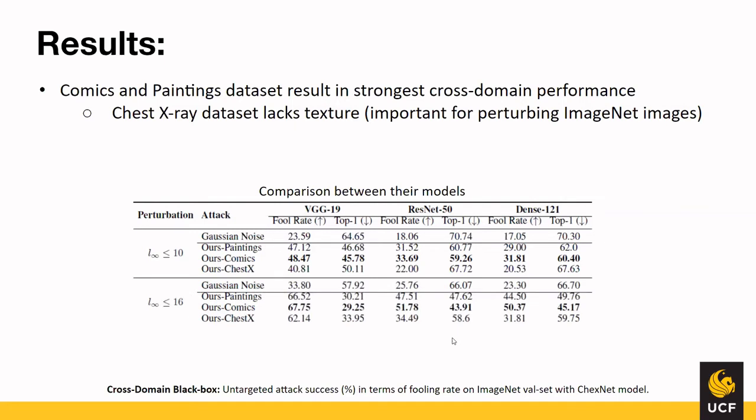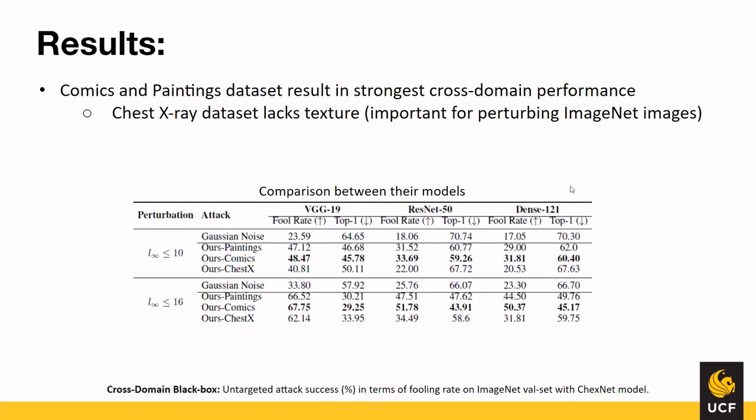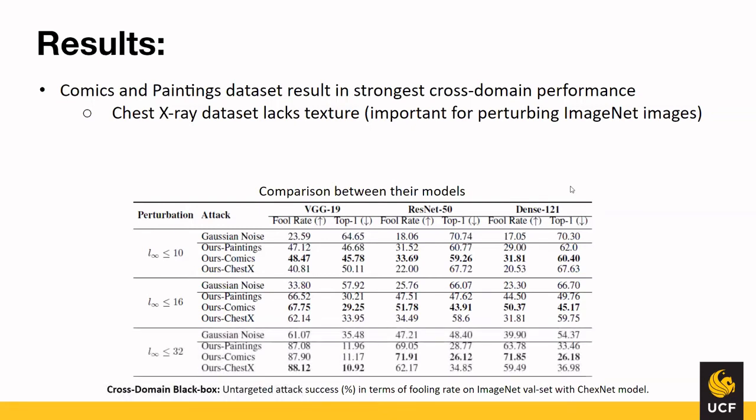They also conduct these experiments using a couple of different maximum perturbation magnitudes. Here, the next set of experiments uses a maximum magnitude of 16. And the results are consistent here, where the comics data set produces the strongest performance, and their generative attack continues to outperform the Gaussian noise. And they do perform 1 extra set of cross-domain black box experiments here with an epsilon value of 32.